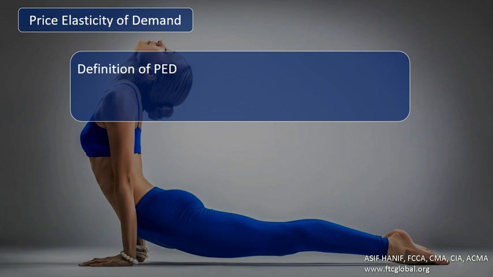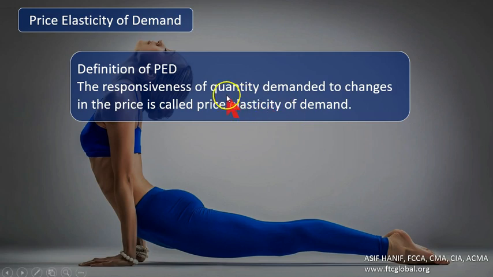So first we need to define price elasticity of demand. The responsiveness of quantity demanded to changes in the price is called price elasticity of demand. If the price increases, how would it affect the quantity demanded? It will fall, but by what extent?